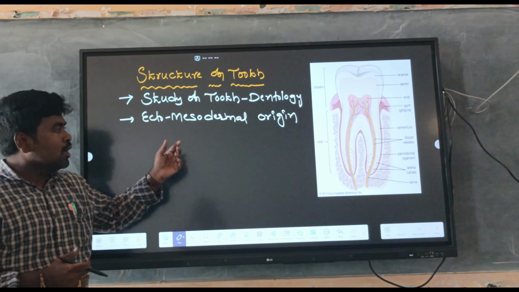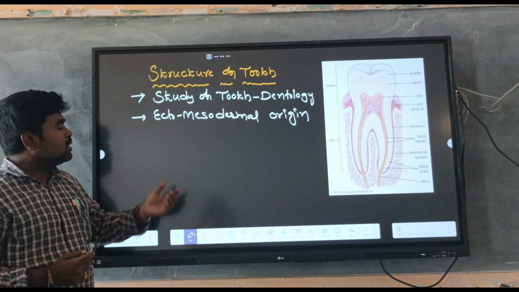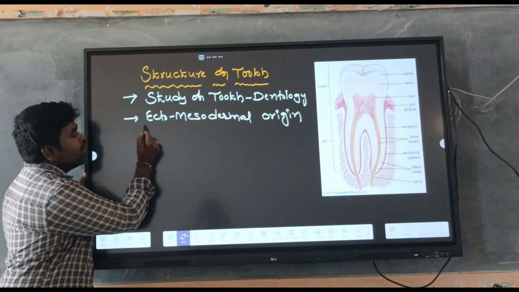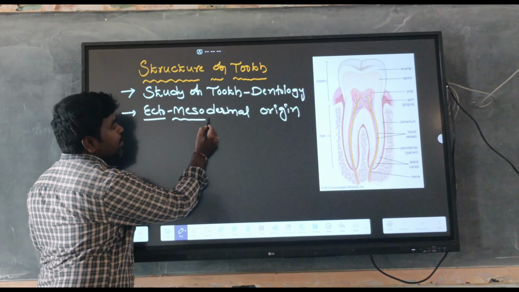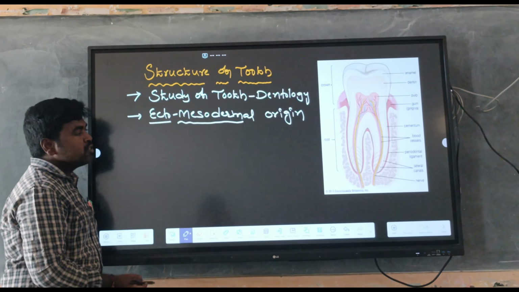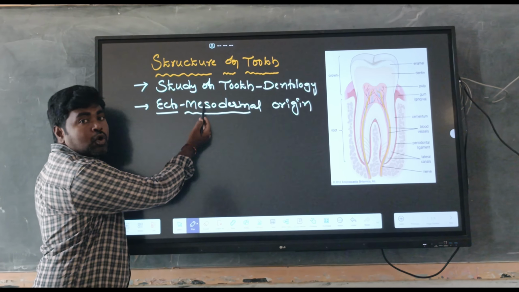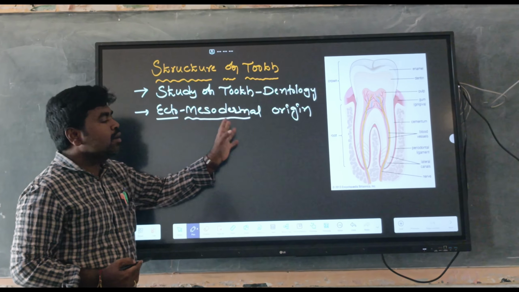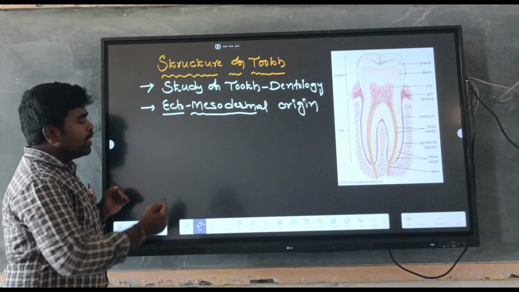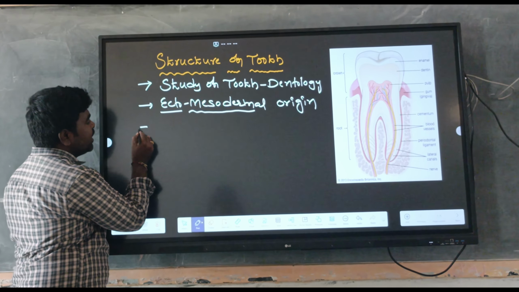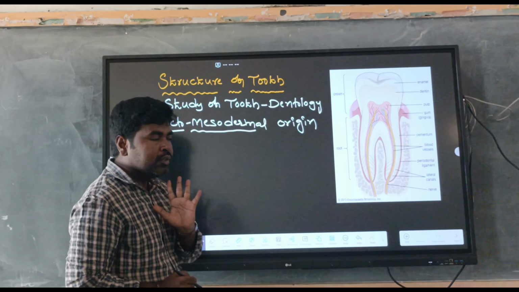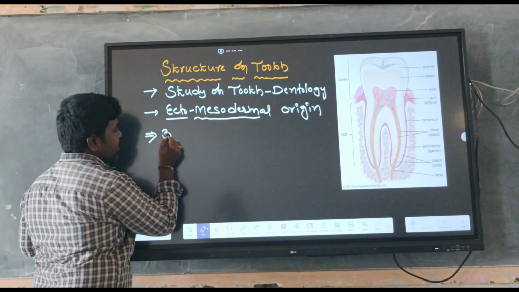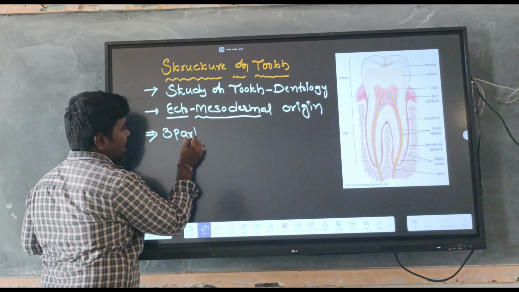It means that during embryonic development, some part of the tooth develops from the ectoderm and some part develops from the mesoderm. That's why it is called ectomesodermal in origin. Now the tooth is anatomically divided into three parts.